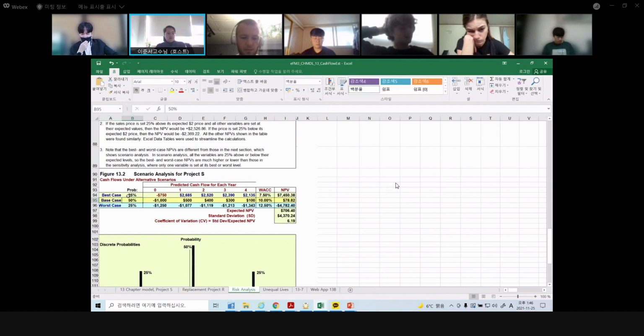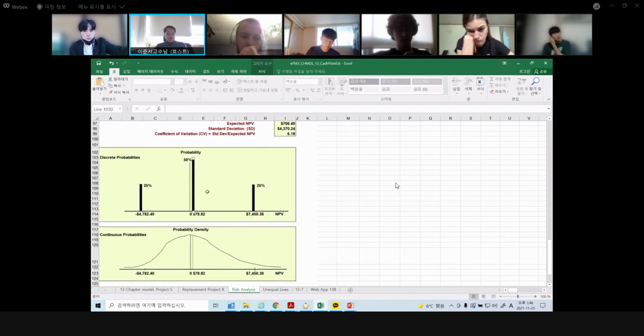The left-hand side is the worst case, the right-hand side is the best case. So in each case, we can allocate 25% of the probability: 25%, 50%, 25%, right?